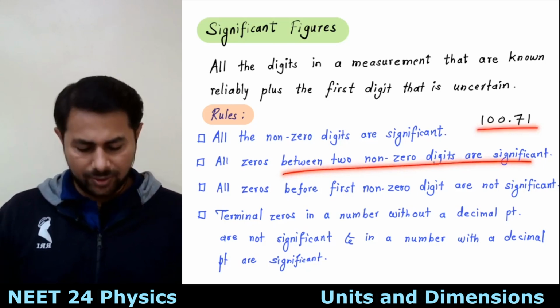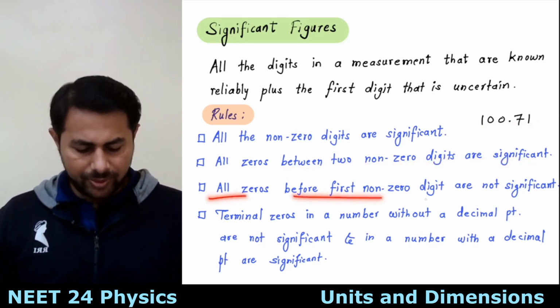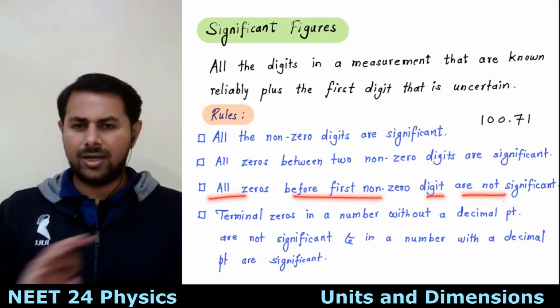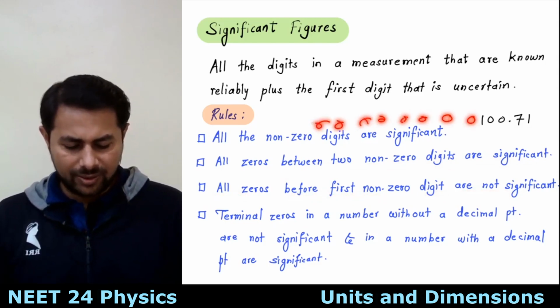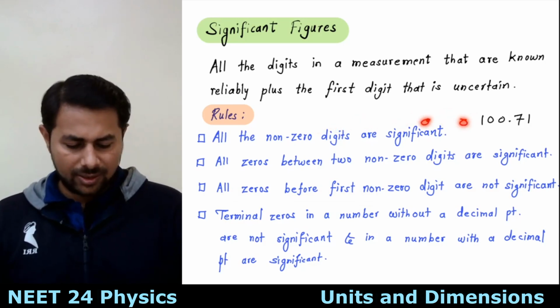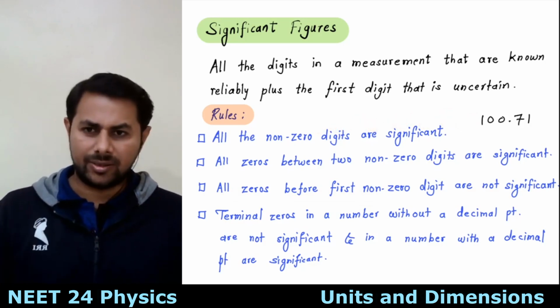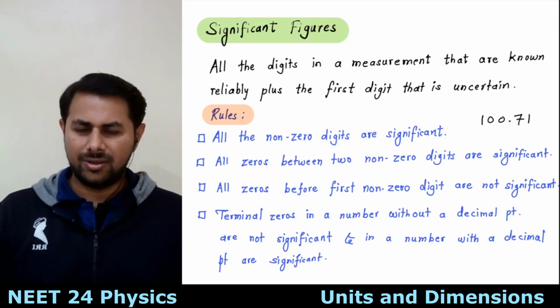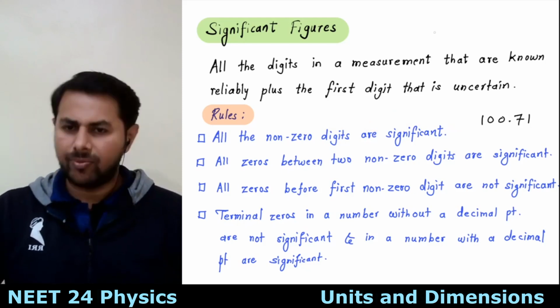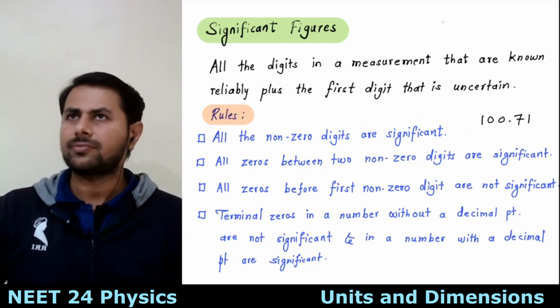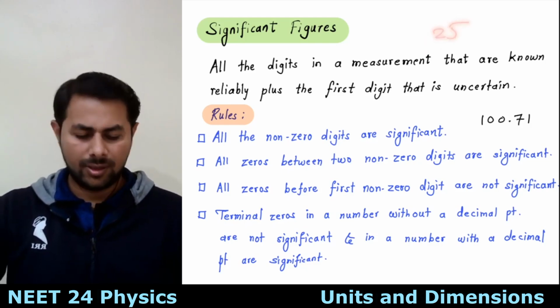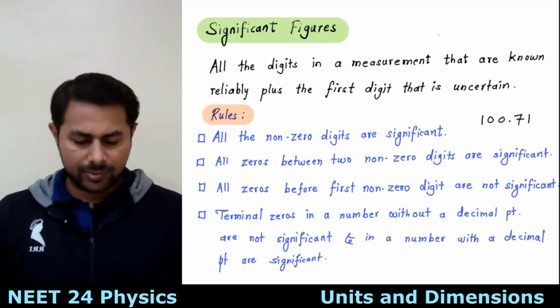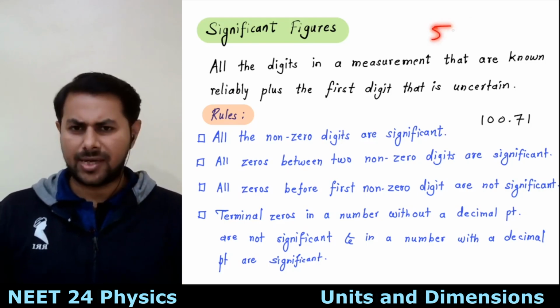That's the second rule. The next rule is all zeros before the first non-zero digit are not at all significant. I can write 100 zeros before this first non-zero digit, and all of them will be insignificant. They are not at all important, right? For example, what is the date today? Suppose the date is 5th of January.